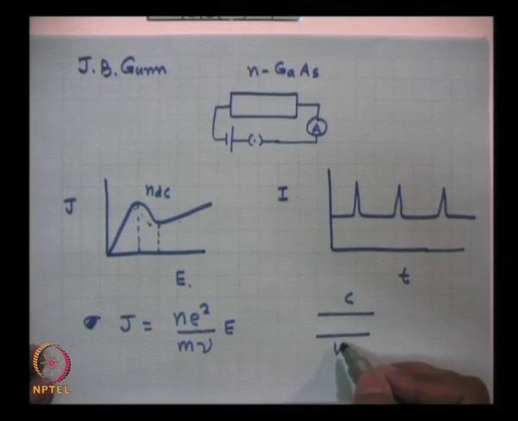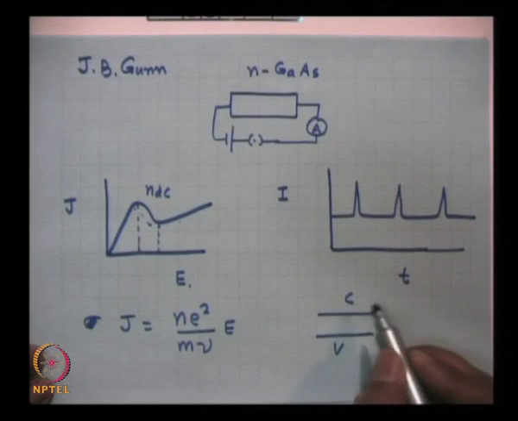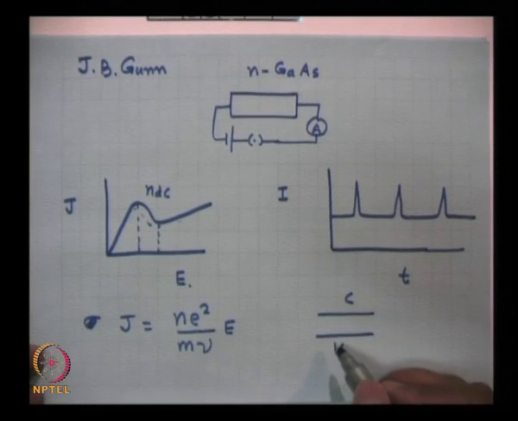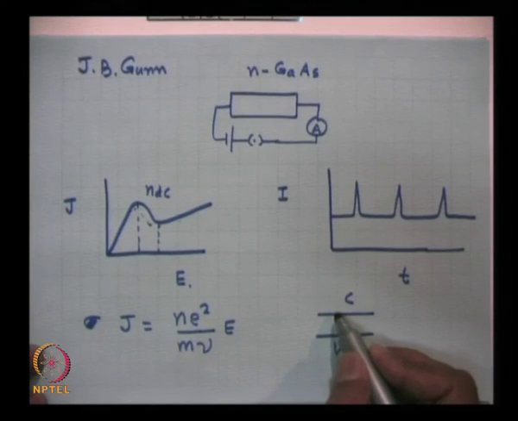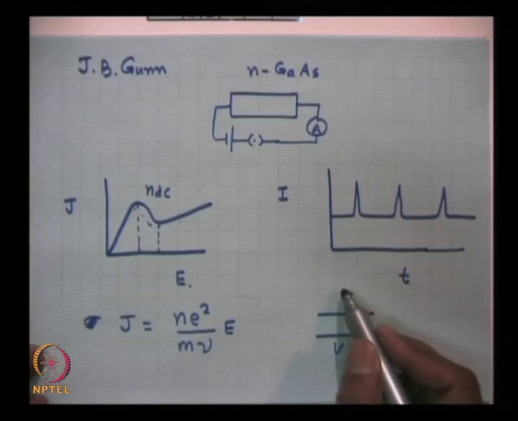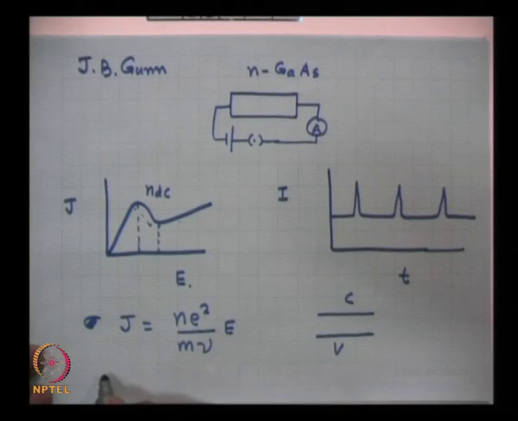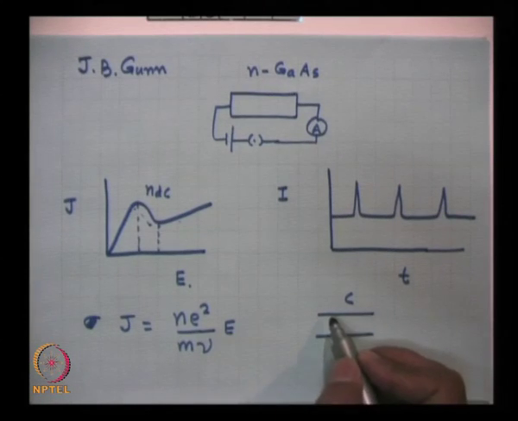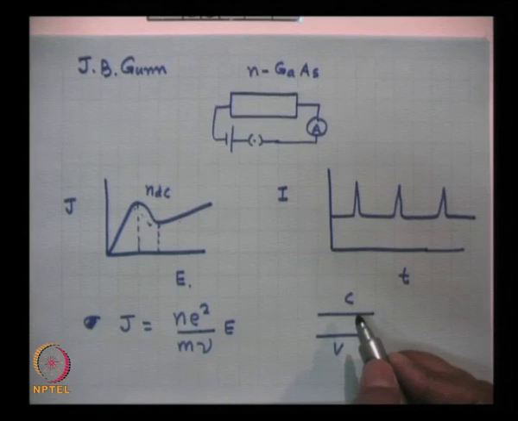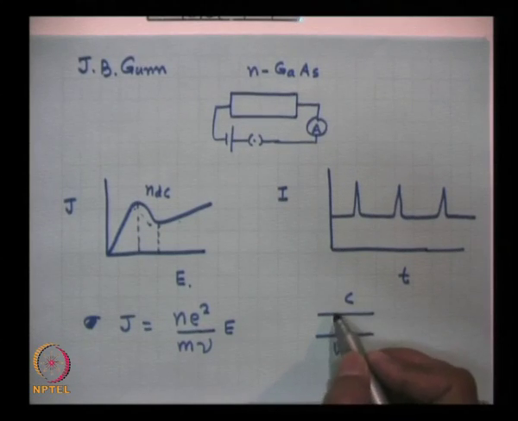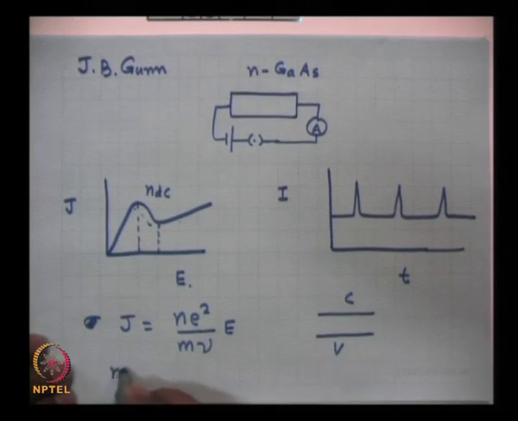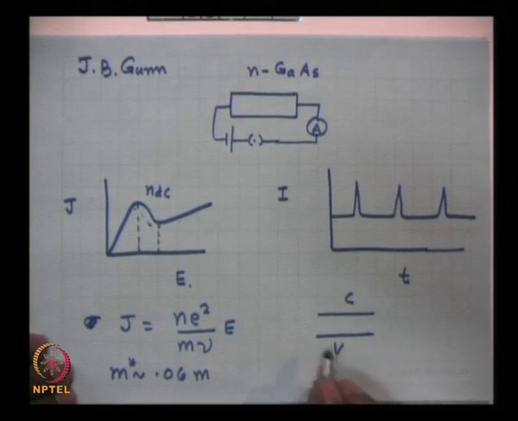They are separated by a forbidden gap, but all the electrons in the conduction band do not have the same effective mass. The electrons of low energy have a smaller mass, and the ones of higher energy have higher mass. In semiconductor terminology, we say that the electrons in the conduction band have many valleys. For the electrons of low energy, their effective mass is around 0.06 into the free space mass.